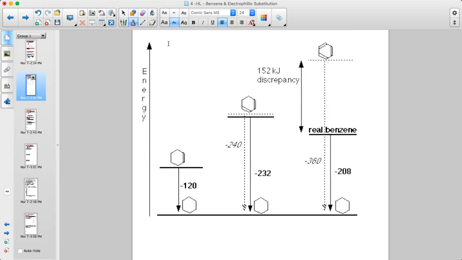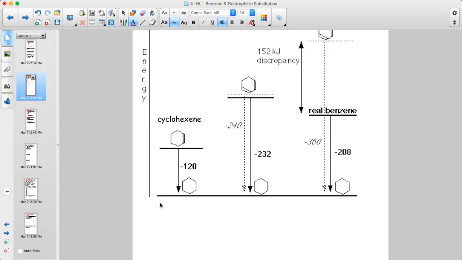So right here, you've got cyclohexene. Cyclohexene is a ring with 6 carbon atoms, and there's 1 C to C double bond. And when you add 1 hydrogen molecule to that to turn it into cyclohexane, down here, the delta H is about negative 120 kilojoules per mole.